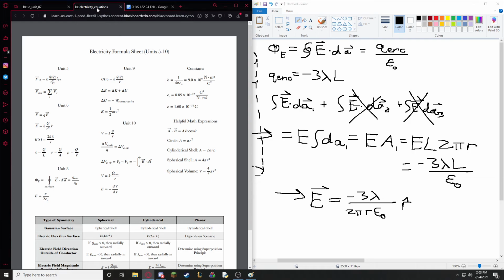Is that what's here in the equation sheet? Because I remember Kevin mentioned earlier, we had this E of r is equal to 2k lambda over r. Is that the same thing that we have here?